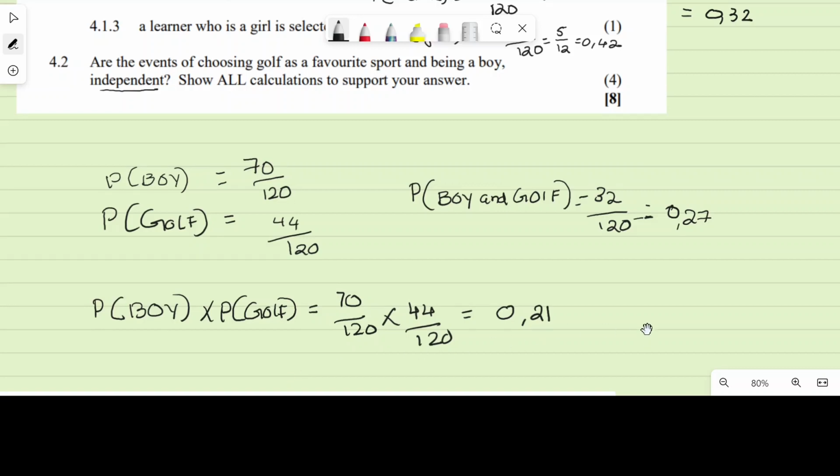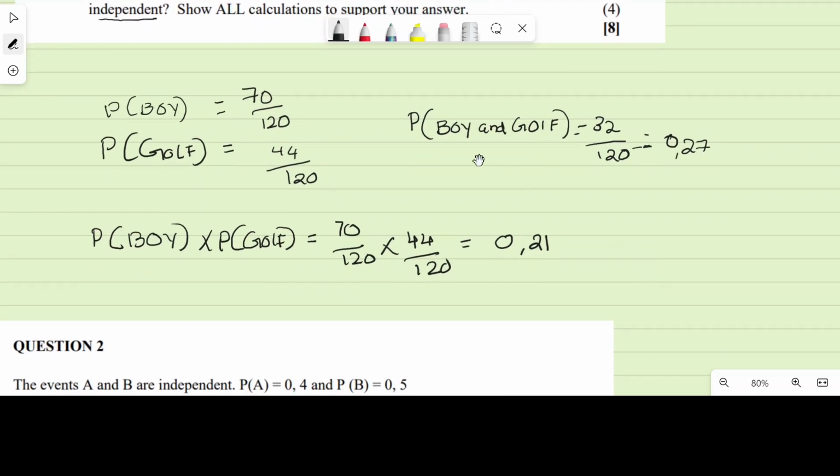So what do you notice from these two now? The probability of being a boy and playing golf is 0,27, but when you multiply the product, it's 0,21. They are not equal. So this is how we are going to conclude now. 0,27 is not equal to 0,21. Therefore, they are not independent.